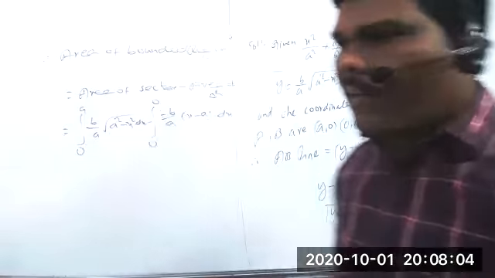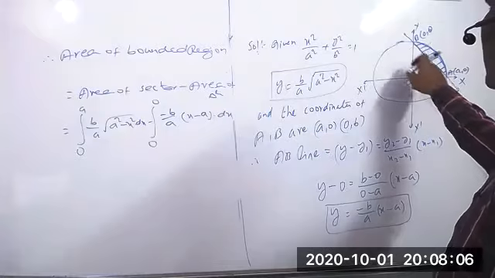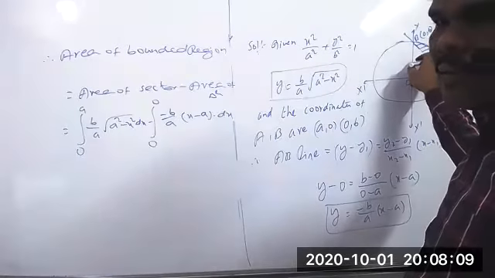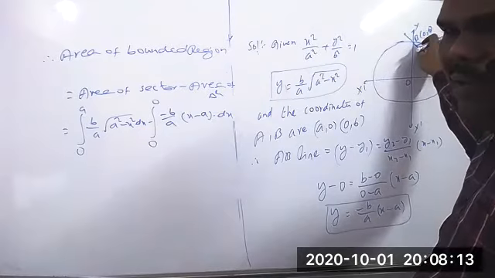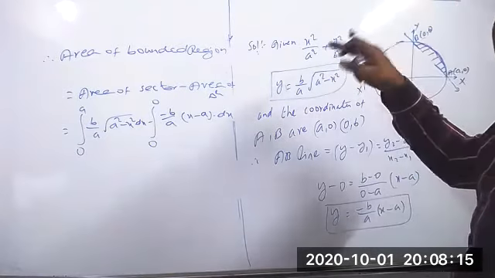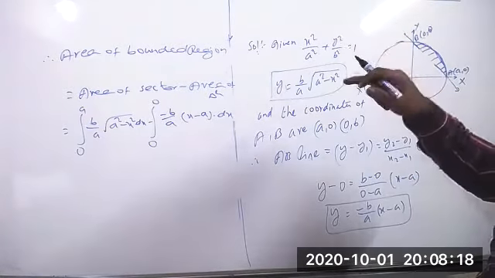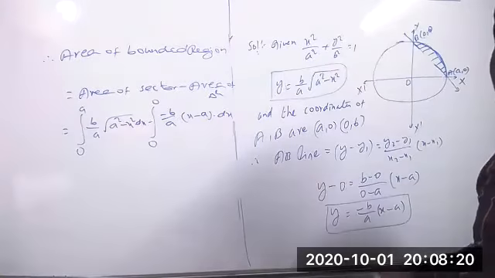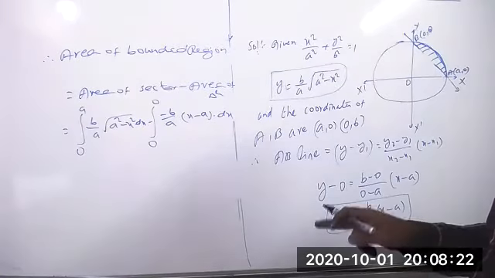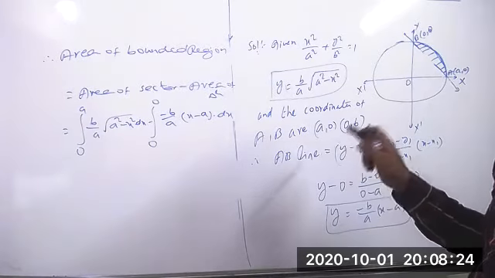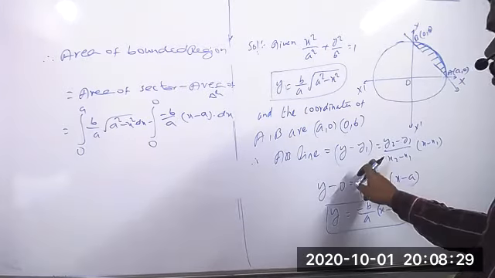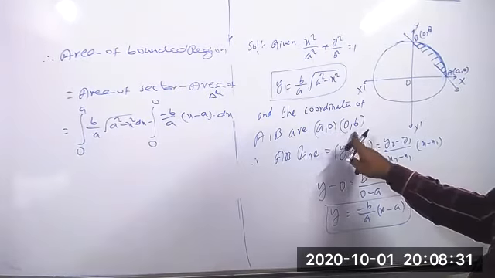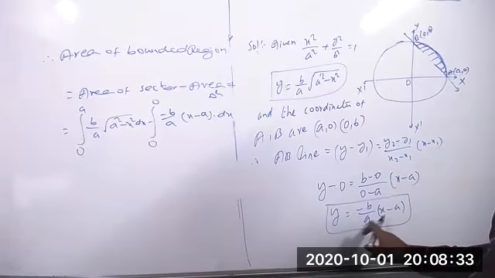That's why first I am finding the equation of line. The vertex A equal to a comma 0, vertex B equal to 0 comma b, already we know very well. And the line passing through the points x1 comma y1 and x2 comma y2 is y minus y1 equal to y2 minus y1 by x2 minus x1 into x minus x1. By using this formula and these 2 points, I find the line. The value of y I got now.